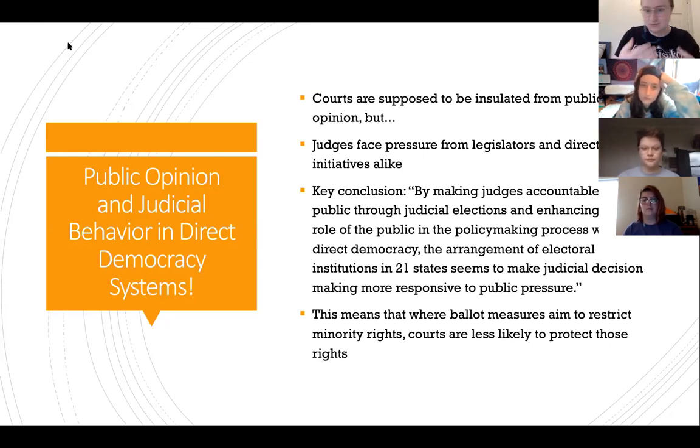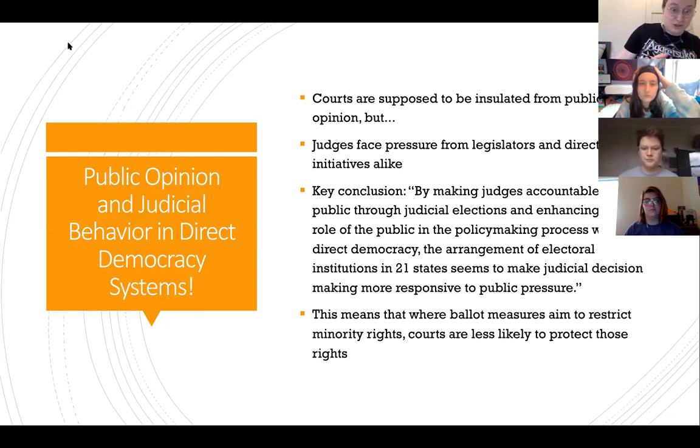So what this is saying is that in 21 states, there are electoral systems that allow both direct ballot measures and judicial elections. And in those 21 states where both of those electoral methods are present, judges are more likely to succumb to public pressure and mostly make decisions that uphold what the public has voted on.